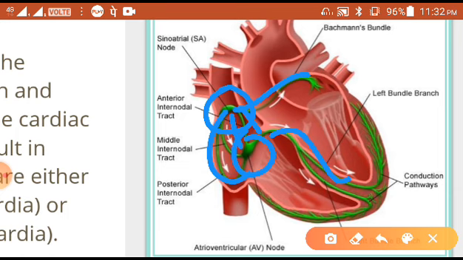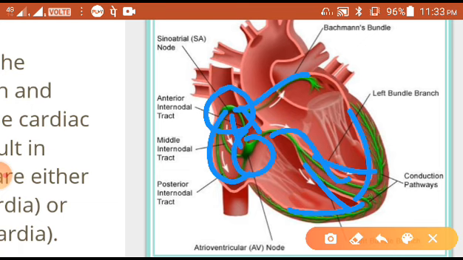But from the bundle of His to the bundle branches and to the Purkinje fibers, it is very fast. So you can see the velocity also changes, and this is what the heart follows. That is how it maintains its normal rhythm.